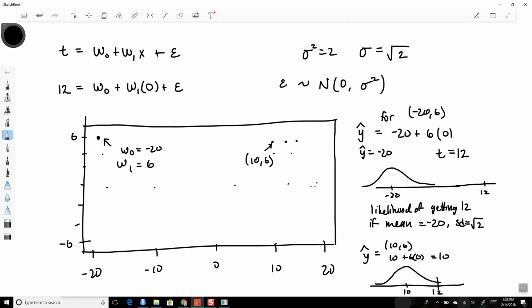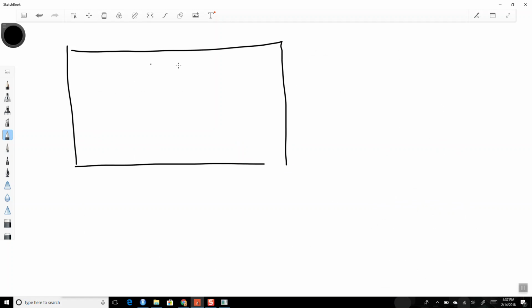I'm going to combine the likelihood along with the prior distribution. And so the prior distribution, when I get to 10, 6, okay, here I'm at this location, 10, 6, right?